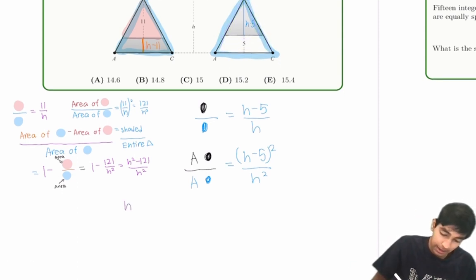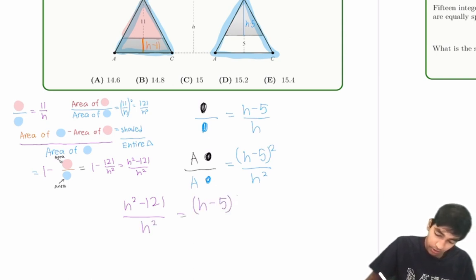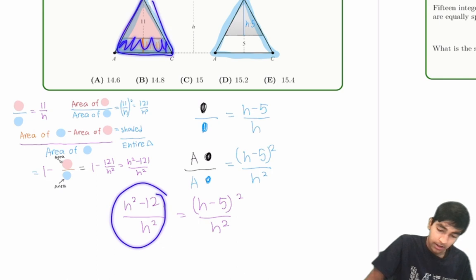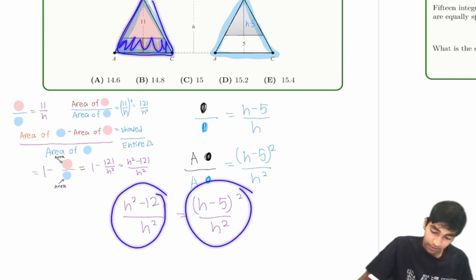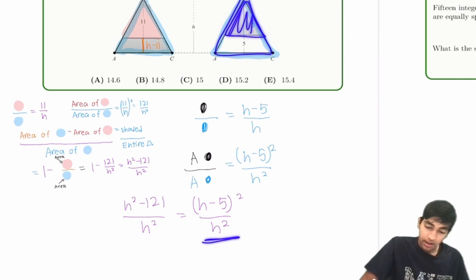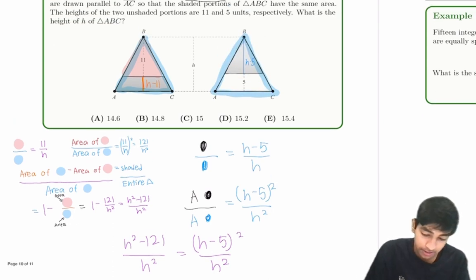So that means that h squared minus 121 over h squared equals h minus 5 squared over h squared. Because, just to mention again, this is the ratio of this area to this. And we're given in the problem that these regions have the same area.